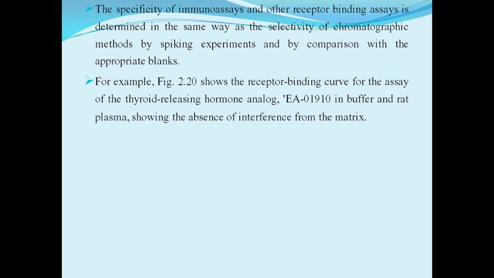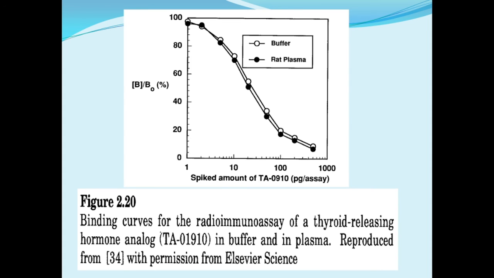For example, figure 2.20 shows the receptor binding curve for assay of thyroid releasing hormone analog TA 01910 in buffer and rat plasma, showing the absence of interference from the matrix. The problem of matrix interferences in receptor binding assay is of particular concern for the analysis of drug in plasma because it involves plasma protein binding of both the label and unlabeled ligand.